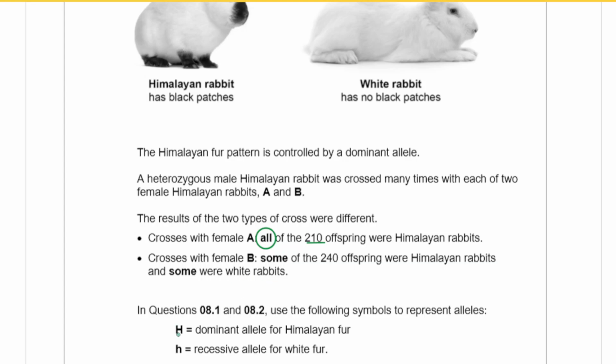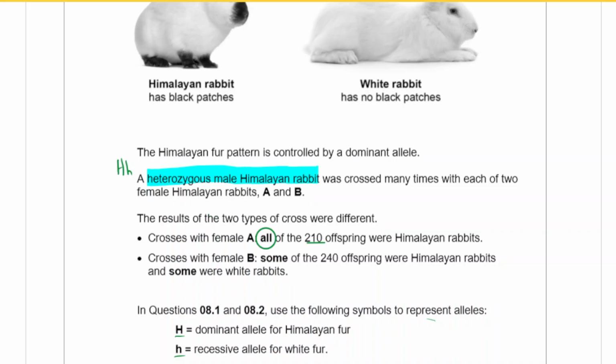In question 8.1 and 8.2, use the following symbols to represent the alleles: H for the dominant Himalayan fur and lowercase h for the recessive allele for white fur. So this heterozygous male Himalayan rabbit should be capital H, lowercase h, because he's heterozygous.